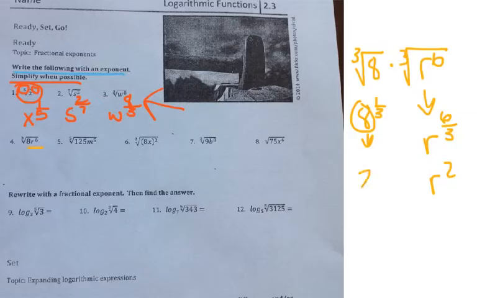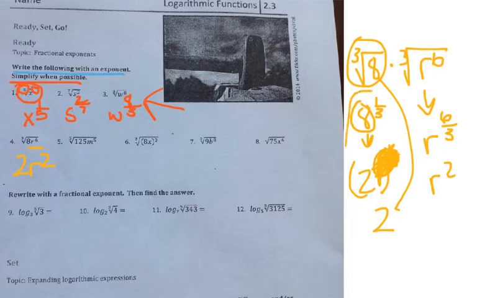Yeah, it's 2 cubed. So if you think of it like this, 1/3 times 3 cancels out to 1. So it'd just be 2. So our answer would be 2r squared, because the cube root of 8 is 2. That's kind of why it worked out.